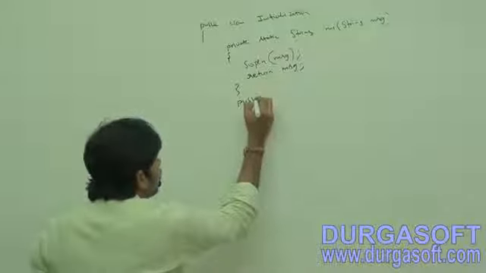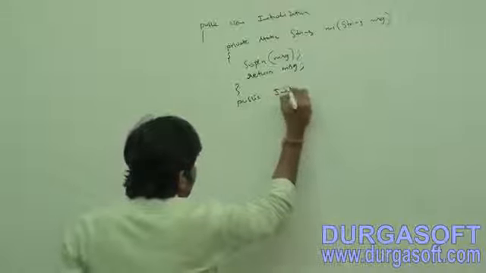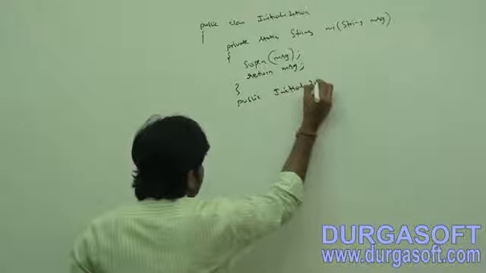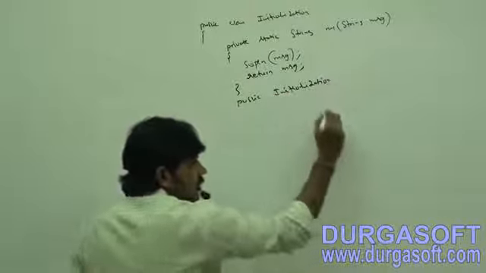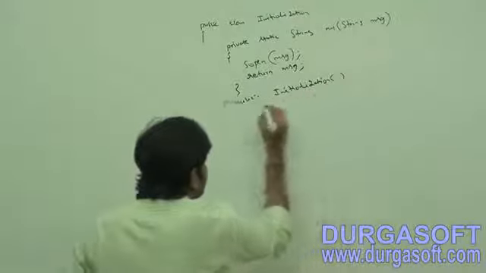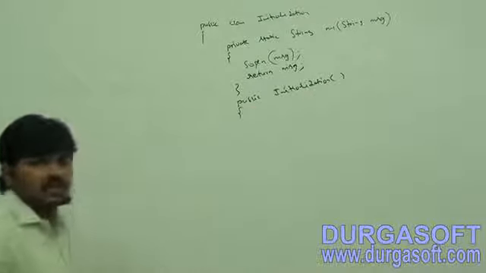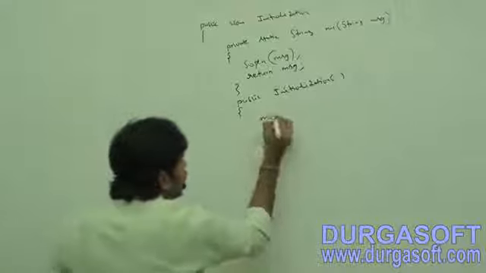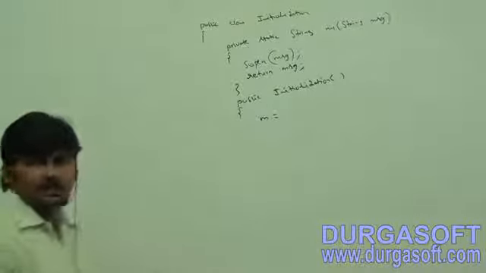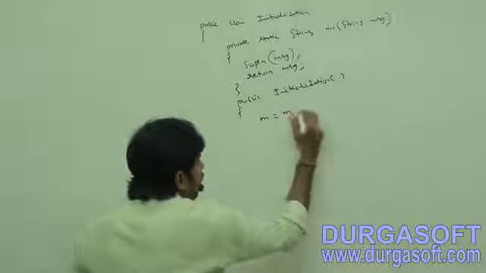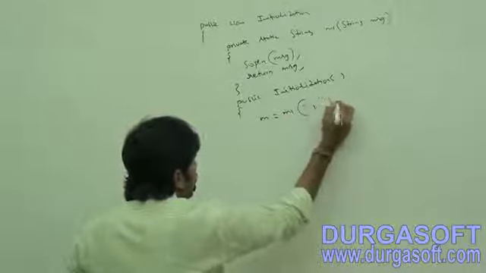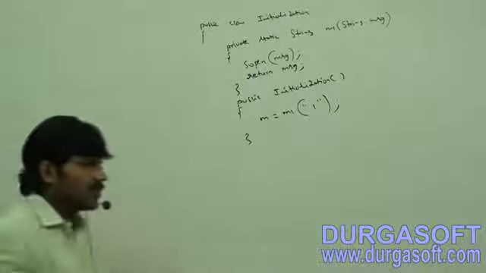Public initialization constructor. Have you observed the constructor? m is equal to m1 of 1, like I'm passing 1 in the constructor, right?